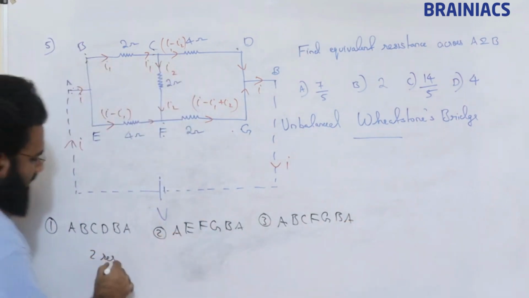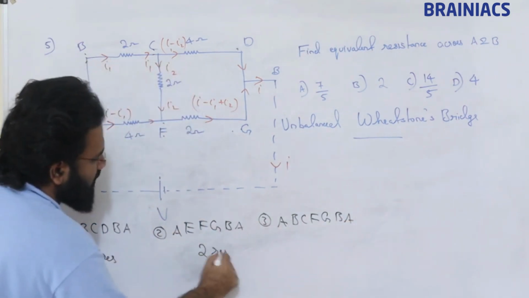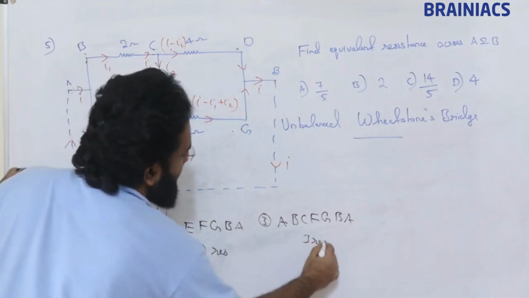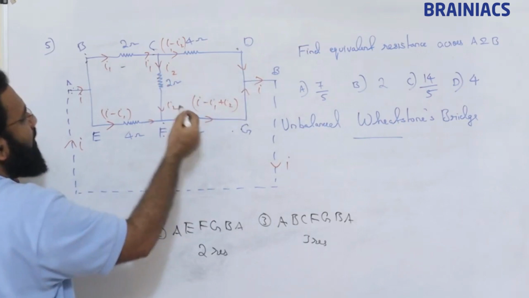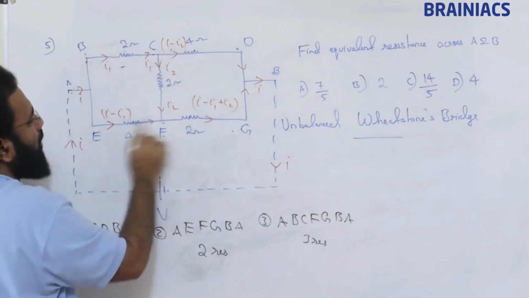Here two resistances, here also two resistors will come, here three resistors will come. This loop contains three resistors, 1, 2, 3, otherwise 1, 2 or 1, 2.